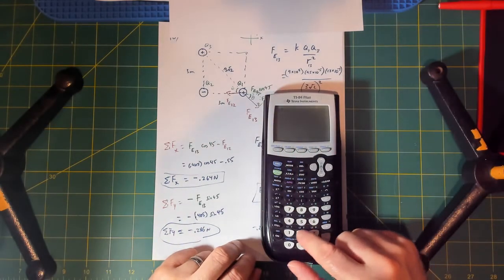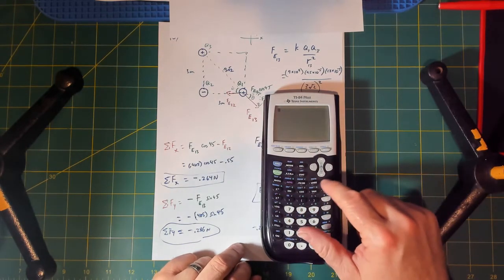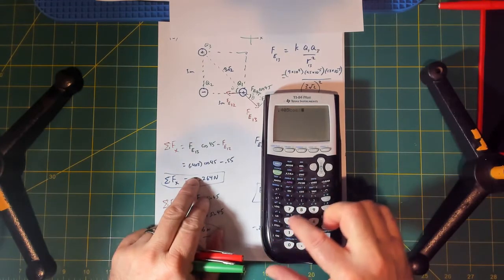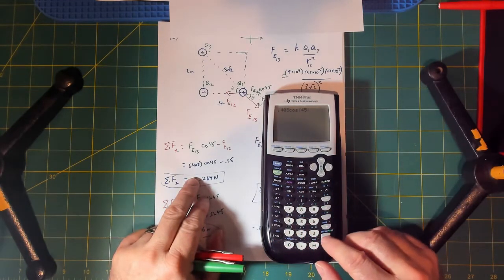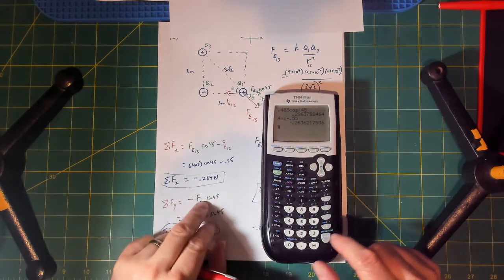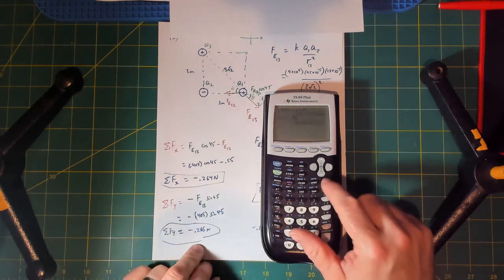So 0.264 squared. This is backup step. 0.405 cosine 45 minus, oh, I bet I know what I did. No, that's right. 0.263. Yeah, 0.2636. Yep.